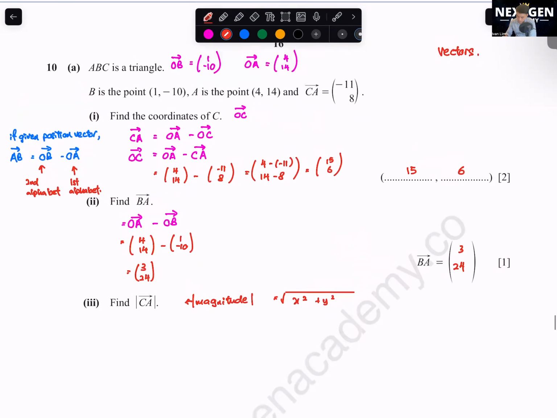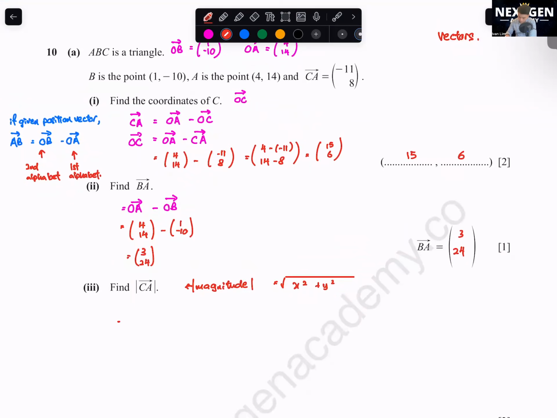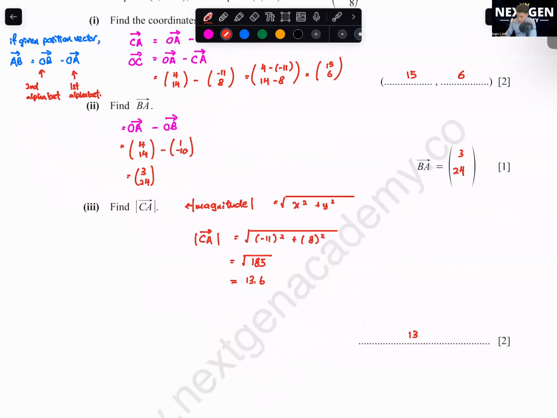So you see what is CA? CA is negative 11, 8. So you do like this. CA is equals to square root negative 11 squared plus 8 squared. Okay, we should get square root 185. Having a calculator, you will get 13.6.